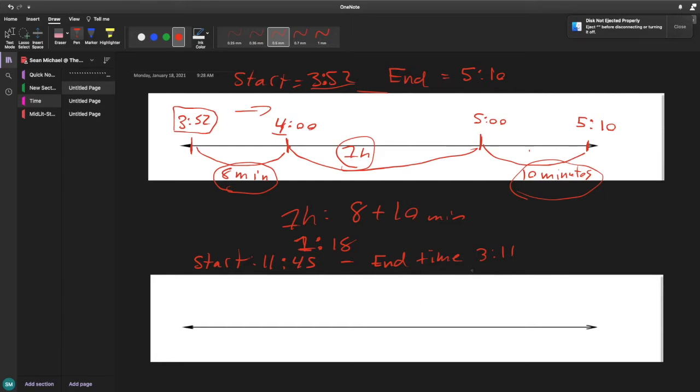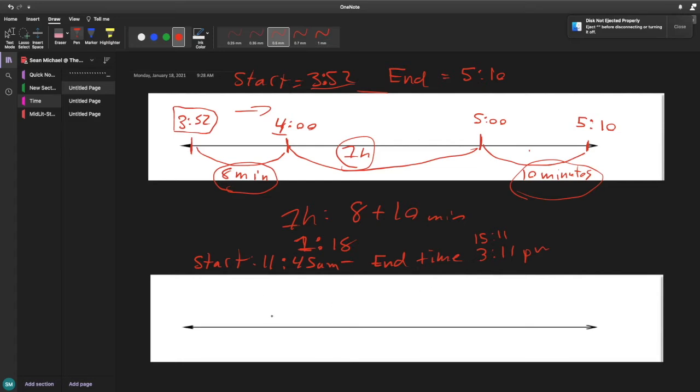Now, if we were doing regular math, this would either be PM. These would be in different categories, right? Because if it's going towards that, it would be in the next hour. So we would probably want to change this to like 24-hour clock, which would be 15:11. And that would help us to better understand what is going on here.